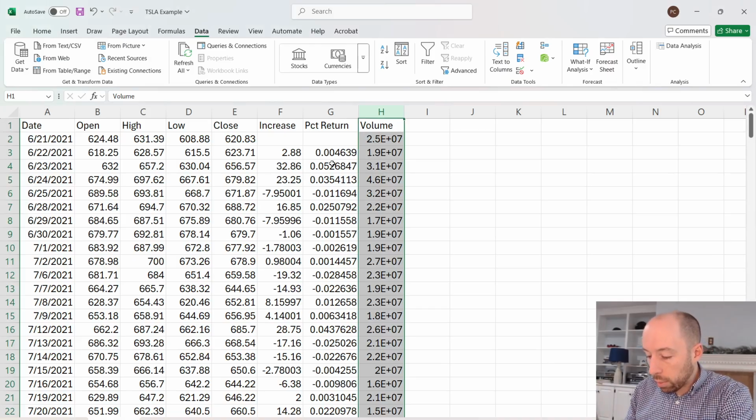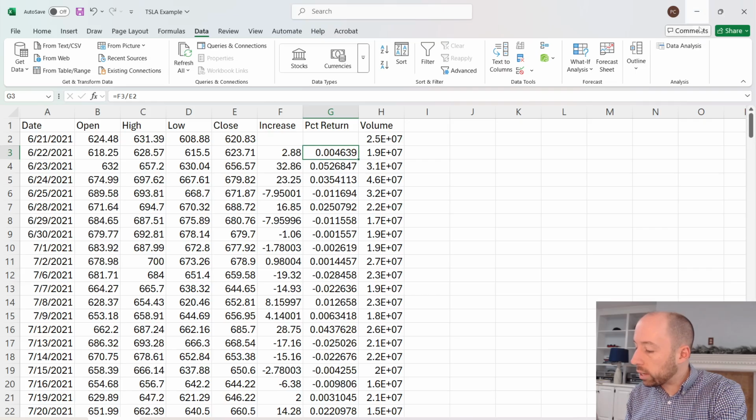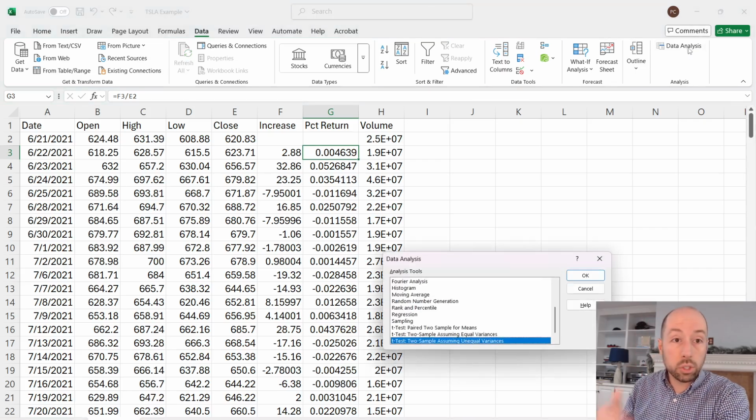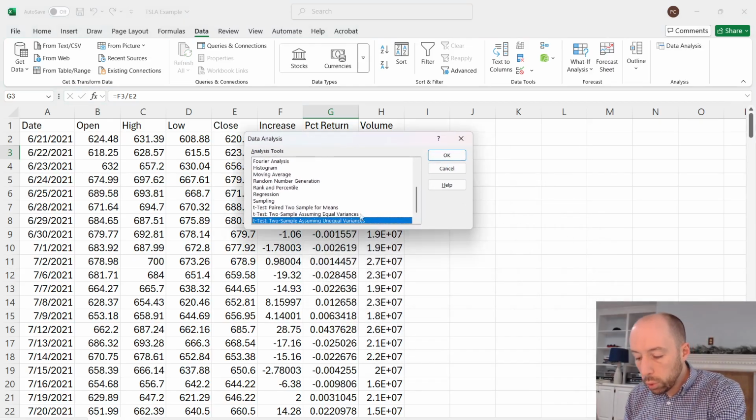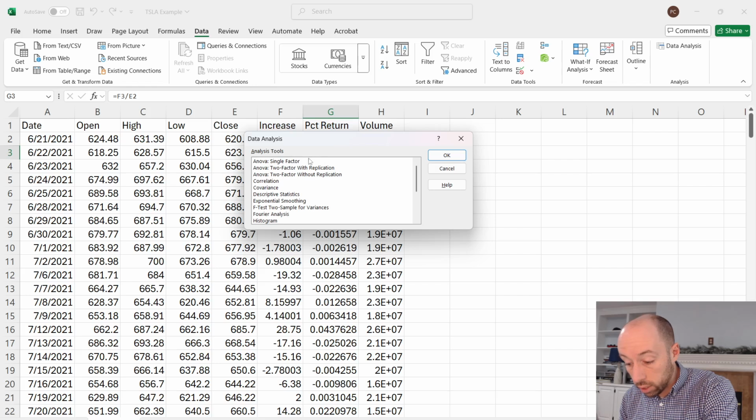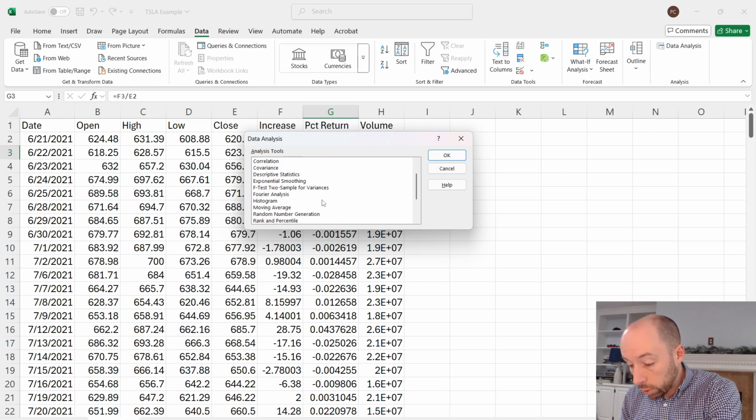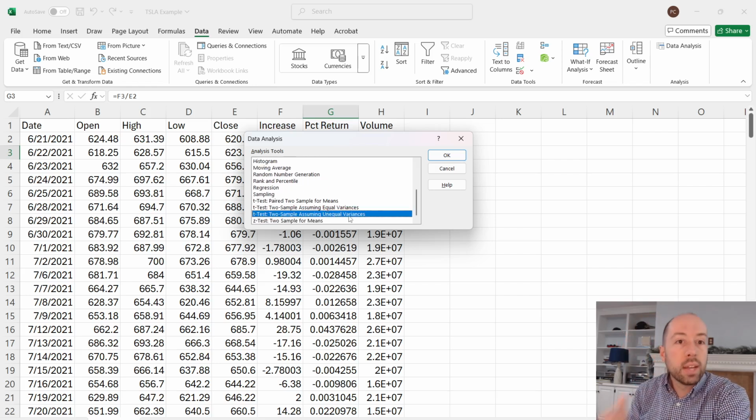I'm going to look at my returns that I've calculated here, and I'm going to look at the Data Analysis ToolPak. The options that I've got here do include a lot of different things: ANOVA two factors, descriptive statistics. Down at the bottom, t-tests. I've got t-tests and a z-test, which is interesting, for two samples.